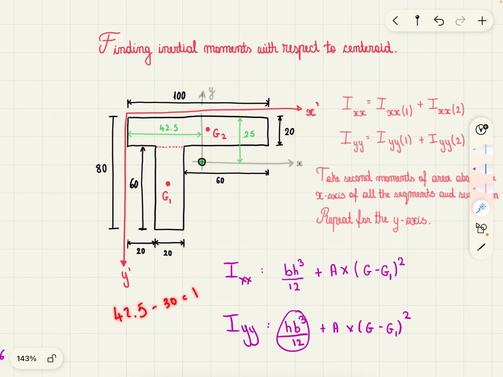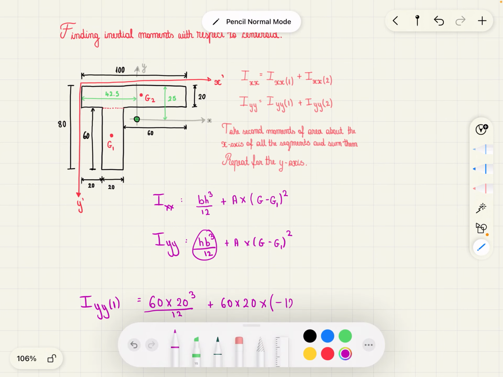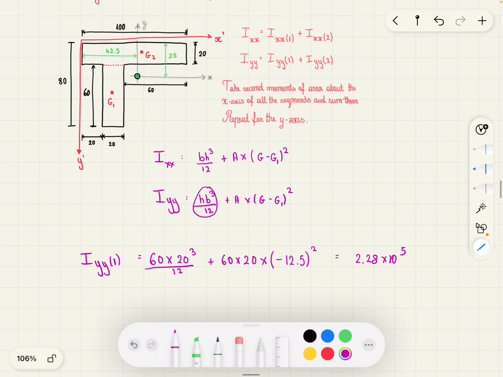So 42.5 minus 30, we have 12.5. Is it positive or negative? Looking at the center of gravity to go to G1, it's in the negative direction. So it's negative 12.5 squared. And this is going to give us 2.28 times 10 to the power of 5.